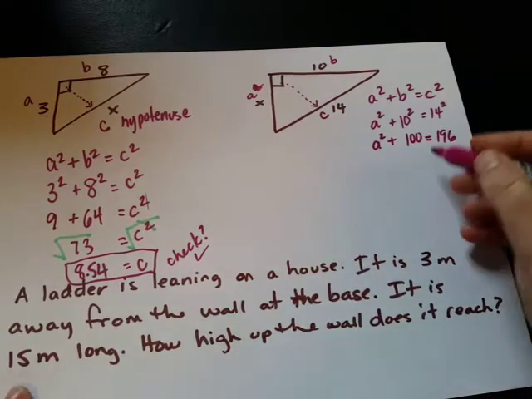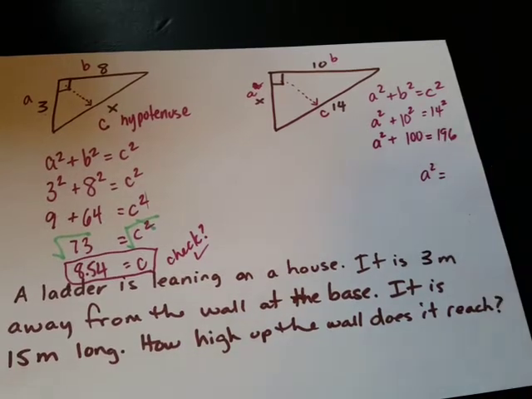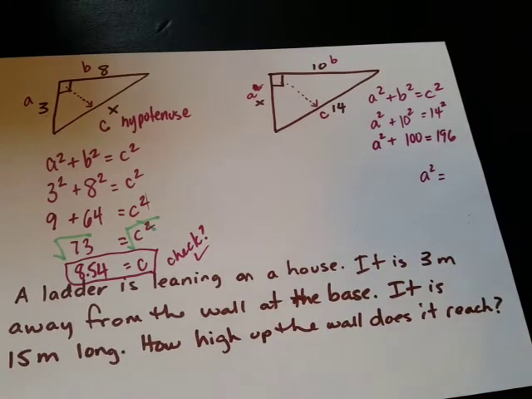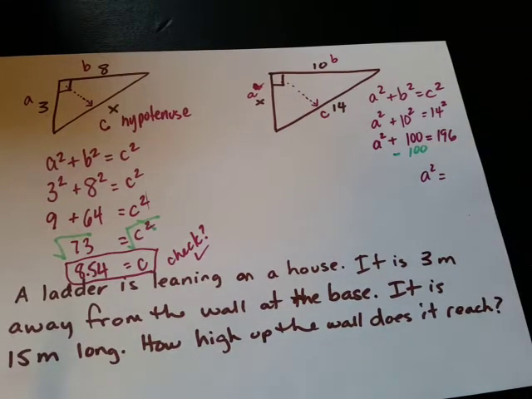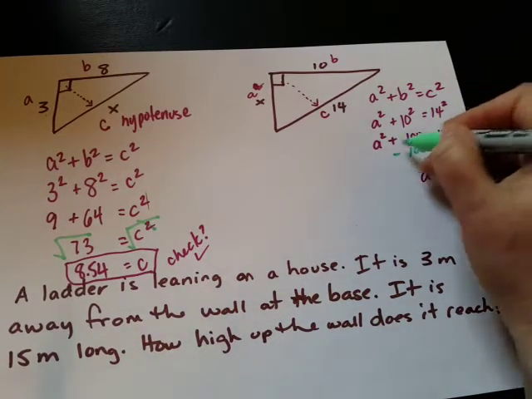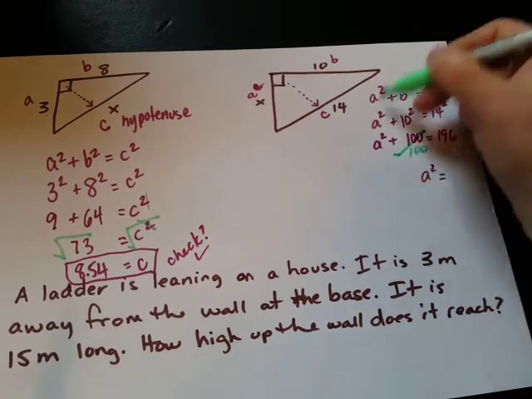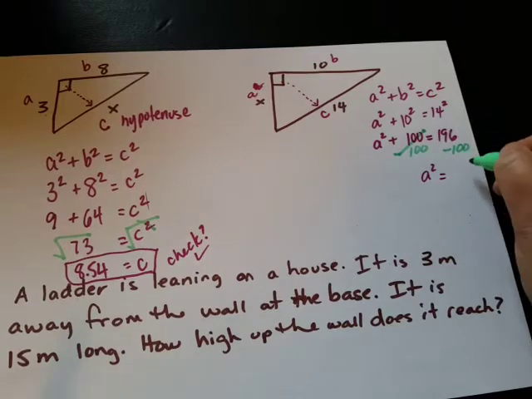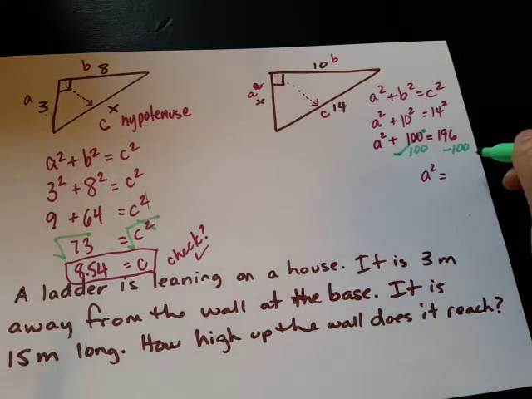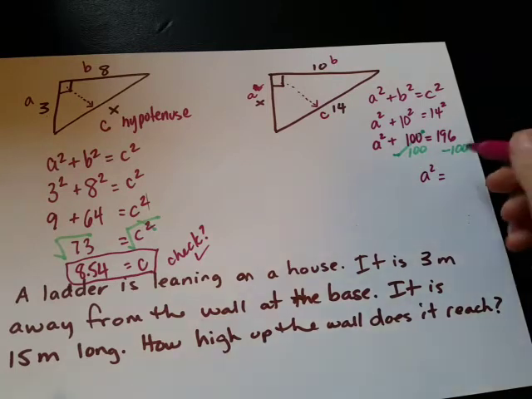In order to get A by itself and get rid of this plus 100, we're going to do the opposite of plus 100, which would be subtract 100. So instead of adding 100, we subtract. That makes it 0 on this side of your equation, but we want to make sure it's balanced, so we subtract 100 from the other side as well. And so we would get 96 here.